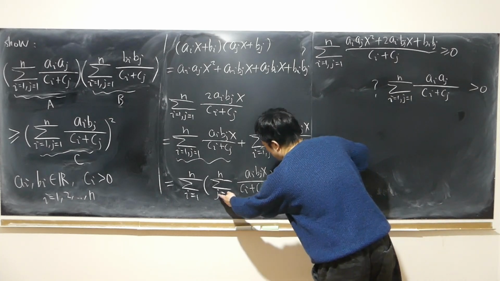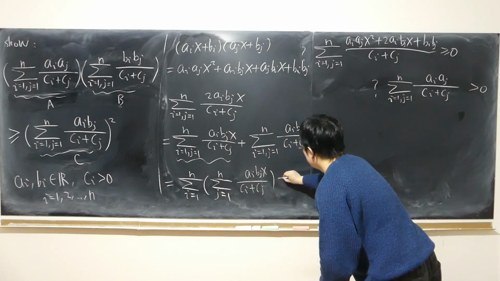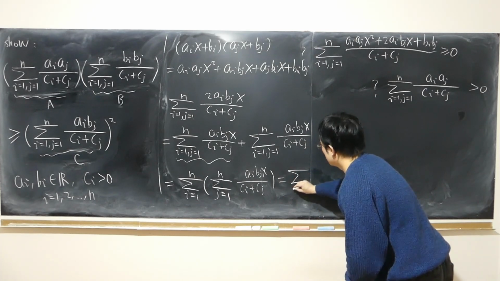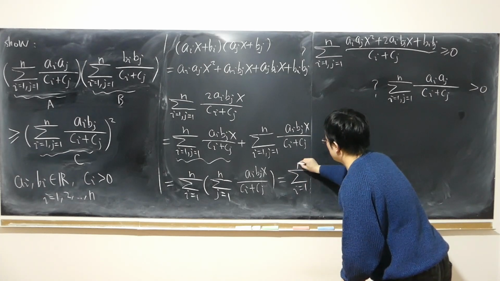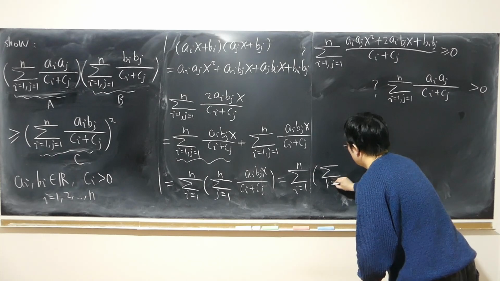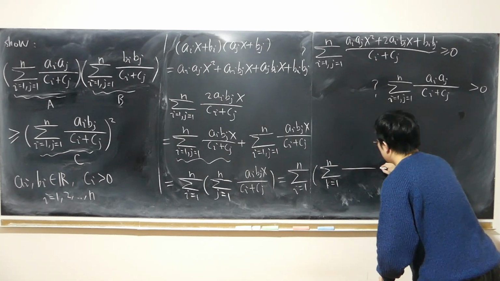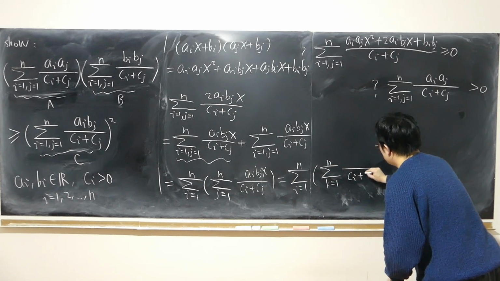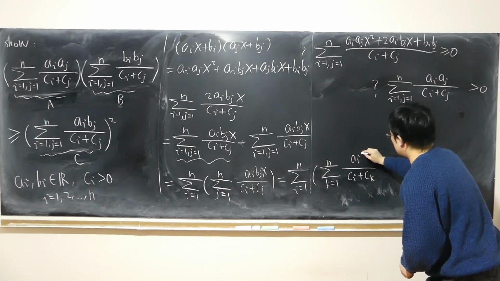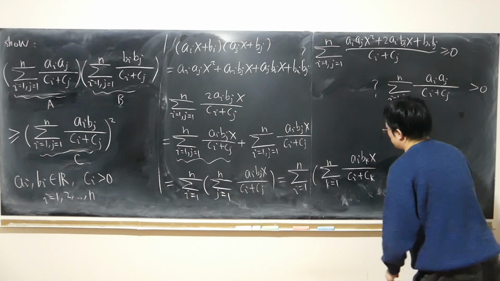We change j into k, i from 1 to n, k, 1 over ci plus ck this time, ai bk this time.